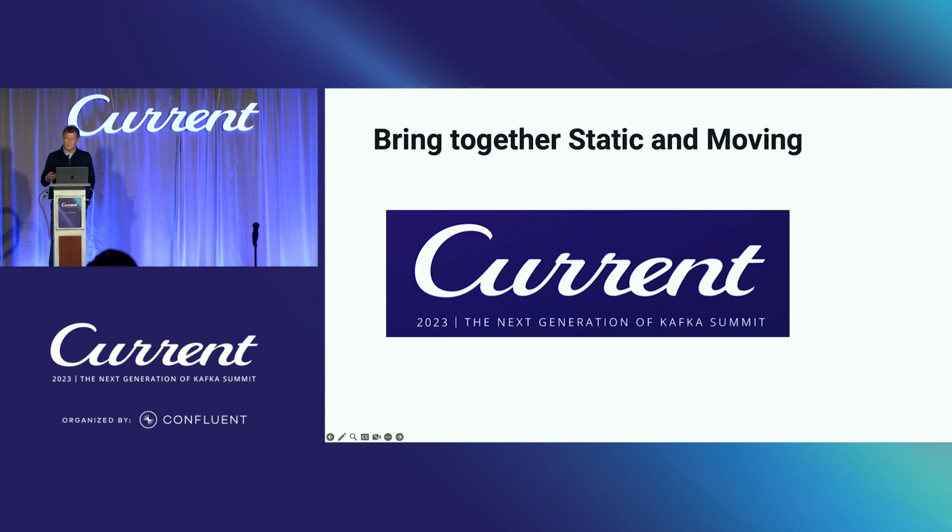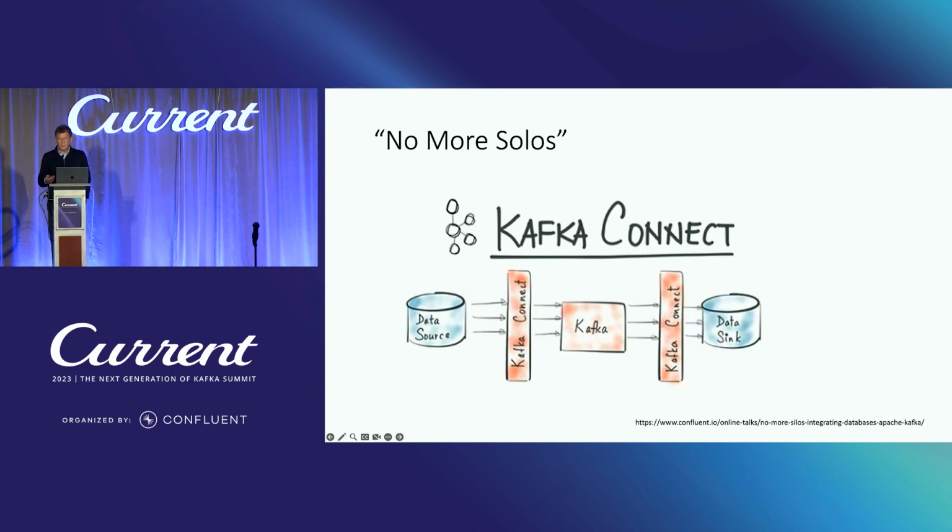And now we bring it together, and basically, as we say, no silos anymore, right? Because we can take all static databases and connect them with connectors to Kafka topics and create a snapshot of the static world in the databases in our Kafka topic.